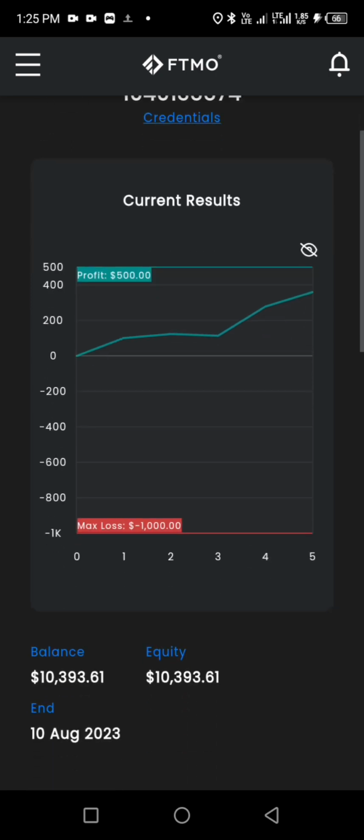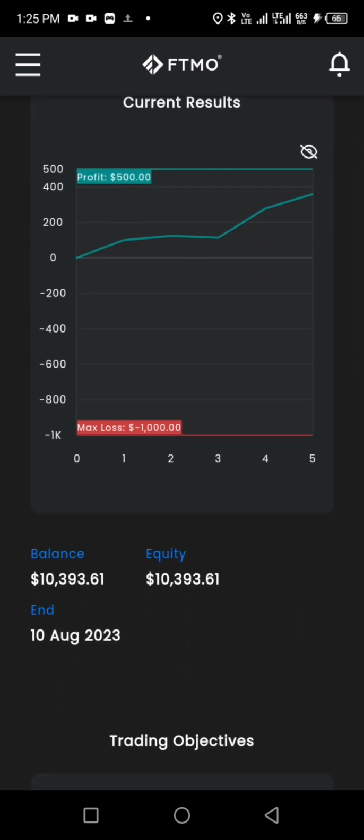I started with $10,000, but underneath here you can see that I actually traded yesterday and made $393.61, bringing it to a total of $10,393.61 on my account at the moment.